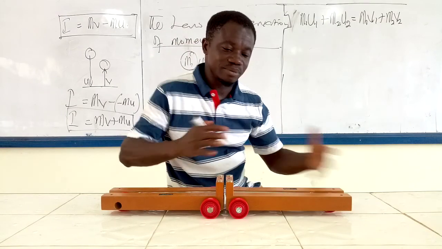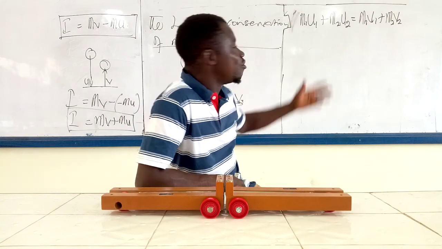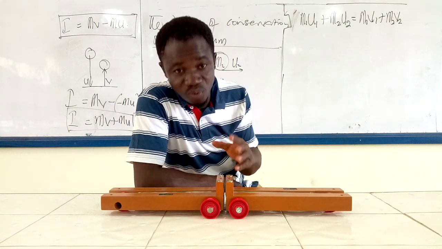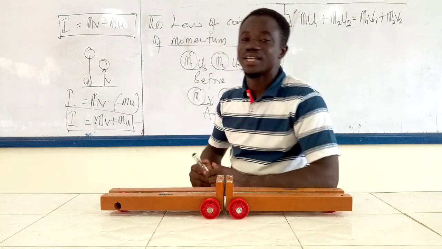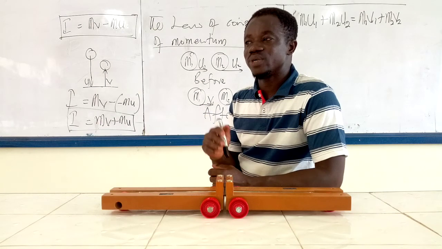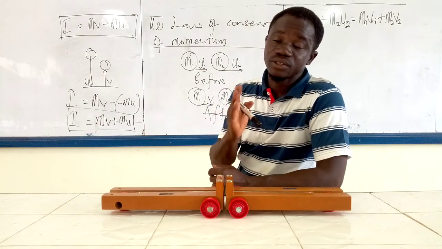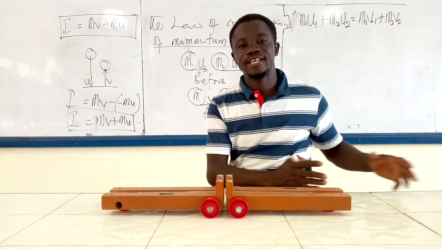We'll look at the types of collisions that we have, then we'll look at how the momentum conservation principle is applied. Before we do that, let us try and understand some of the things that we have done, and then we deal with the coefficient of restitution. So the coefficient of restitution and then the collision will be dealt with in the next video.